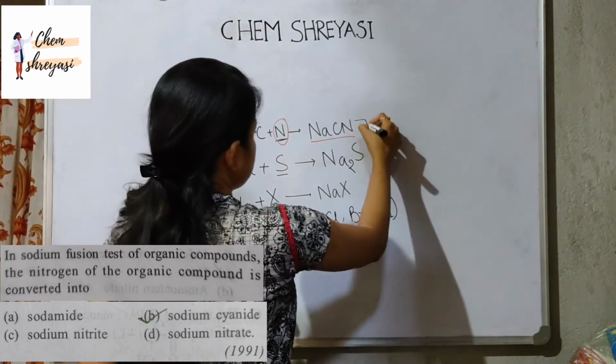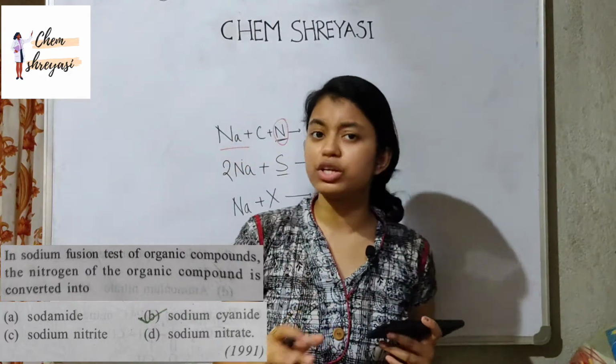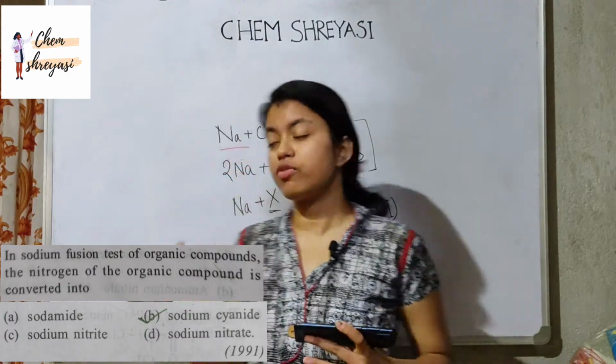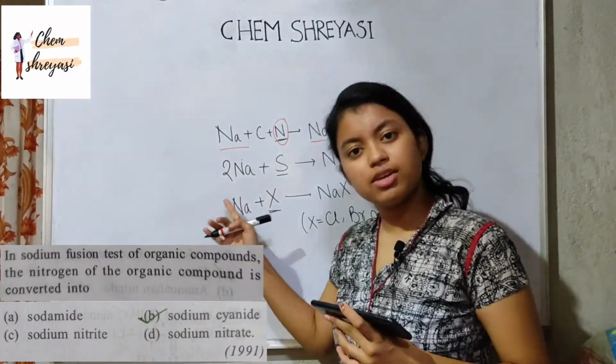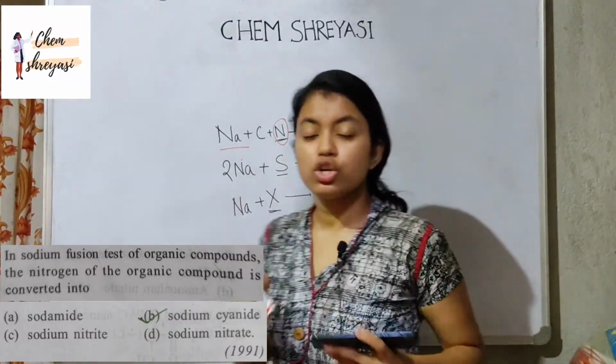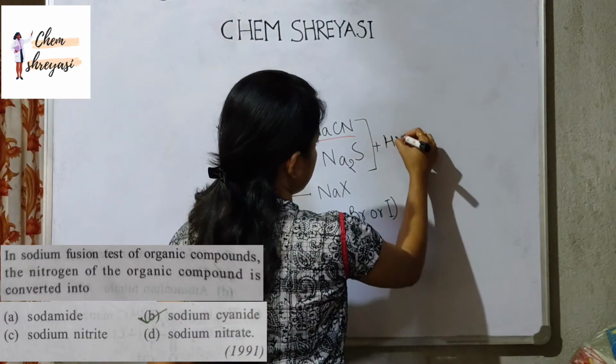When both of these are present along with halogen, it is very difficult to get a proper qualitative analysis of the halogen. That's why we need to remove both of them before testing for halogen. So that's why we treat it with concentrated HNO3.